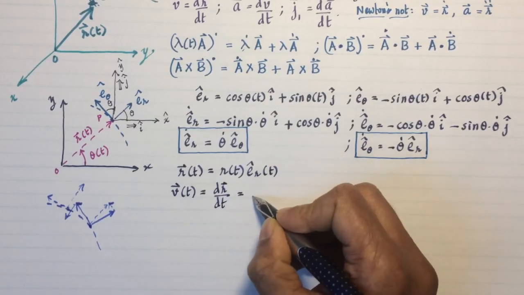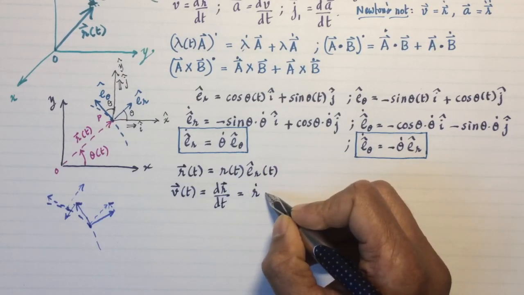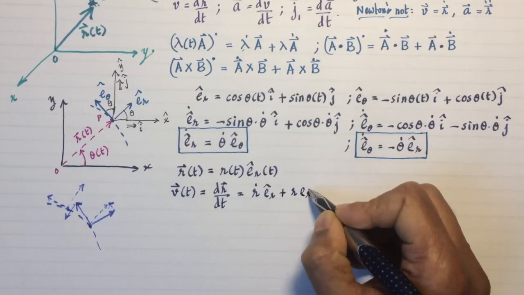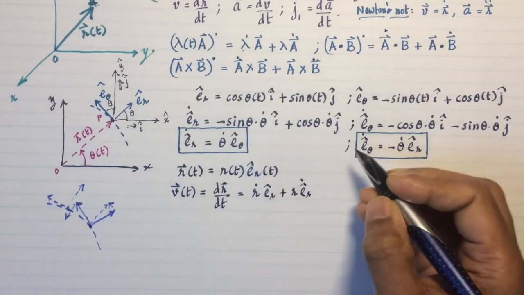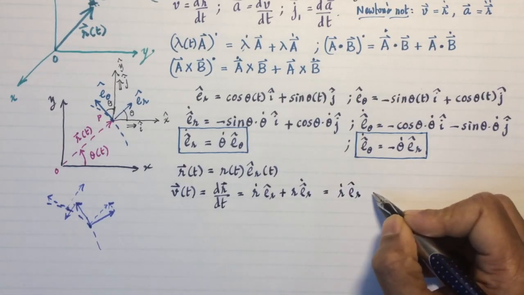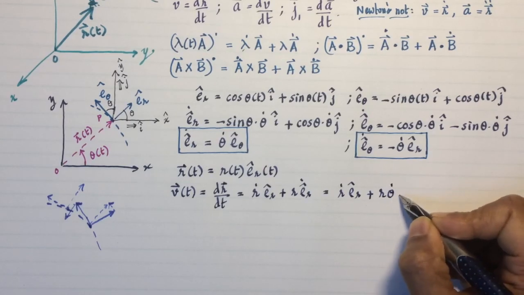And so that's going to be r dot times e_r plus r times e_r dot. And for e_r dot, I'll just substitute from there. So I get r dot e_r plus r theta dot e_theta.